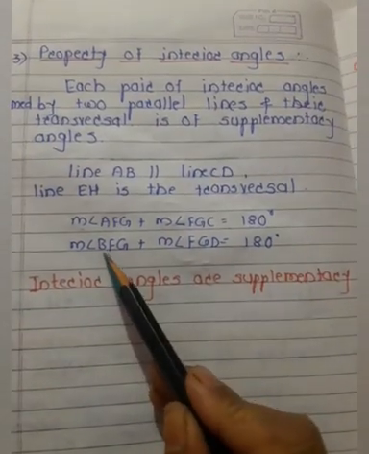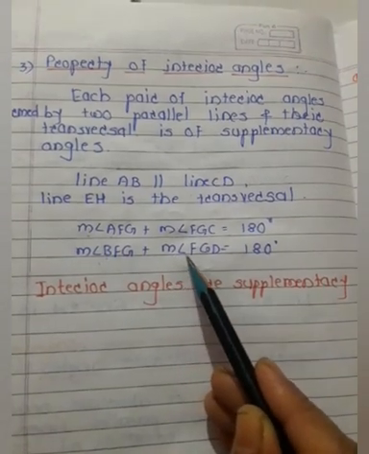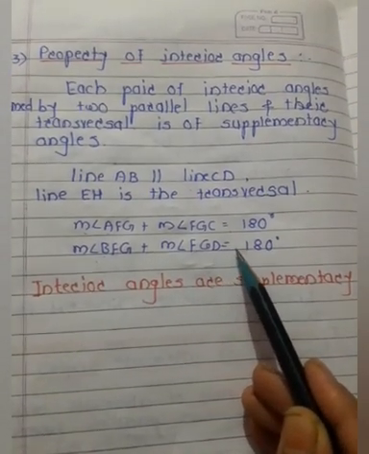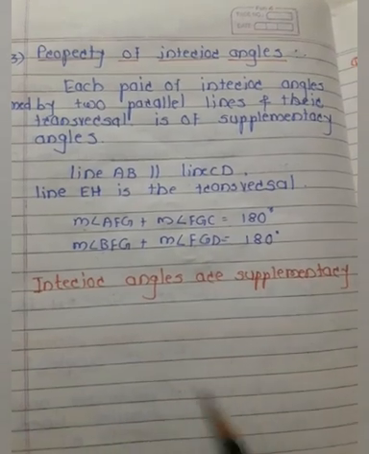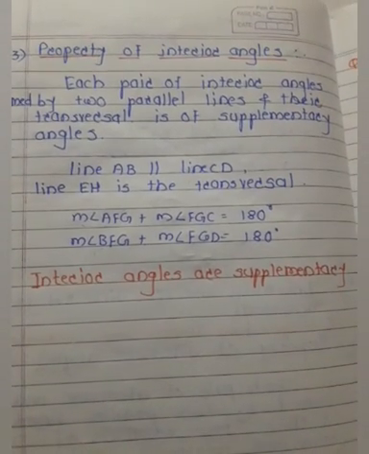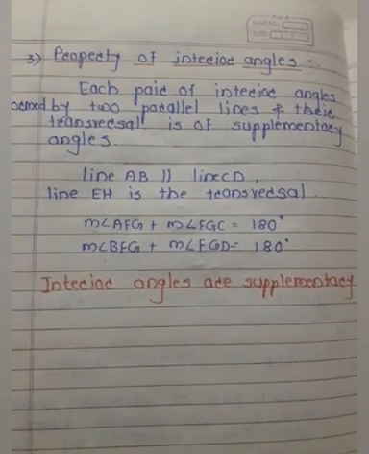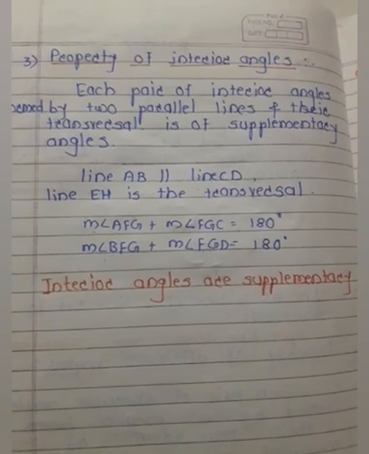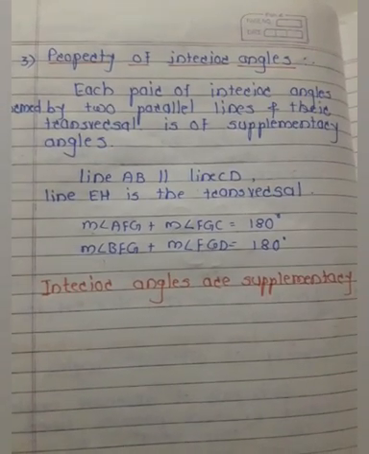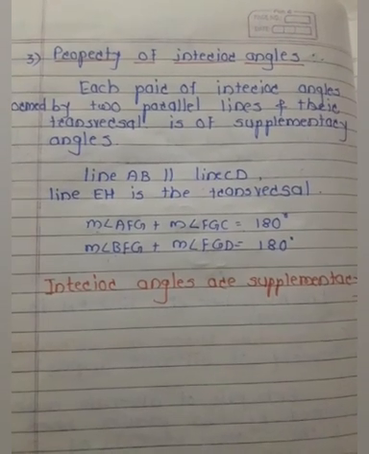Now the measure of angle BFG plus the measure of angle FGD is equal to 180. This means interior angles are supplementary when two parallel lines and their transversal make the interior angles. This is the property of interior angles made by parallel lines and a transversal.